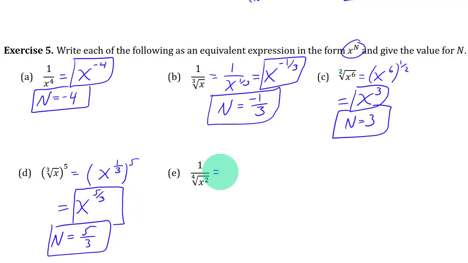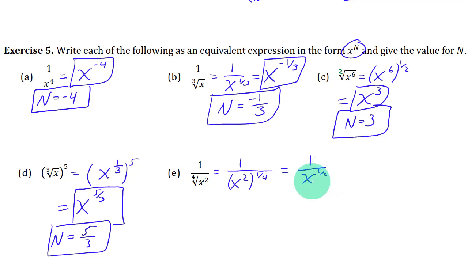All right, let's do the same thing here. The 4th root is the same as the power 1/4. And then you can multiply those together to get 2 times 1/4. 2 times 1/4 is 1/2, so this is 1 over x to the 1/2.